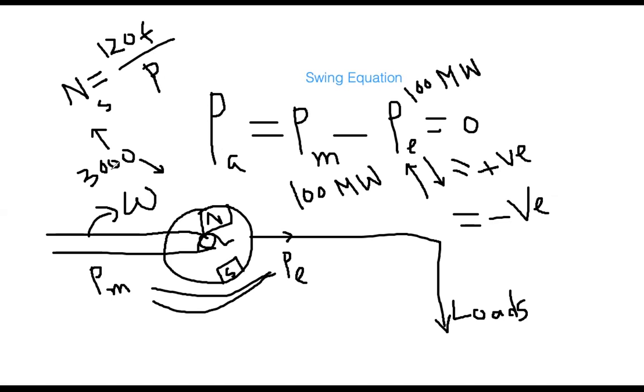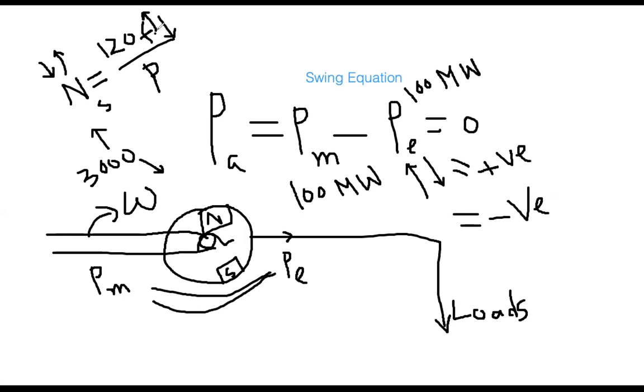But if the speed changes because of this positive or negative value, meaning that the system is getting accelerated or decelerated, which factor will be affected? Frequency will be affected. Therefore, with the increase or decrease of NS, your frequency will increase or decrease.